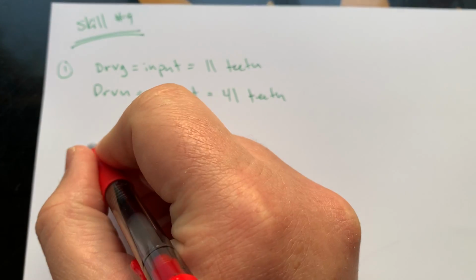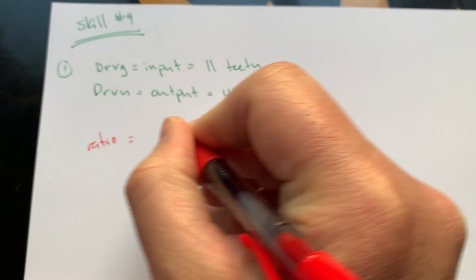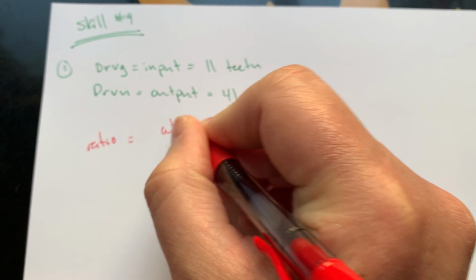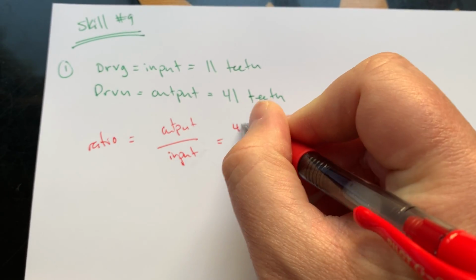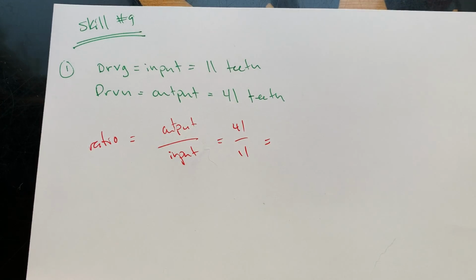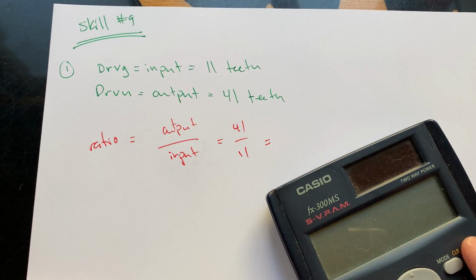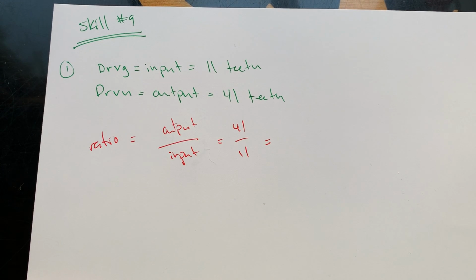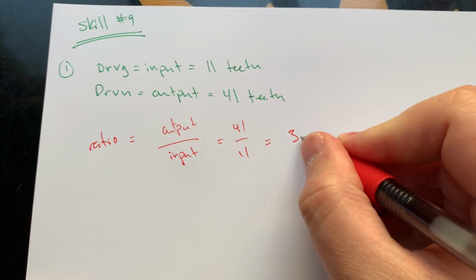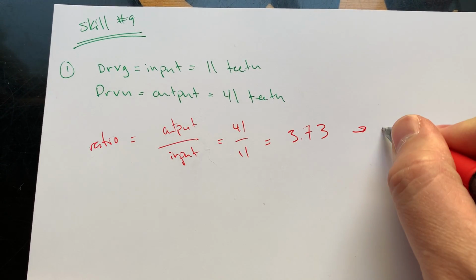So for my ratio, I just need to do output over input, so that's 41 over 11. If we divide this, we get 3.727, which we'll call 3.73.